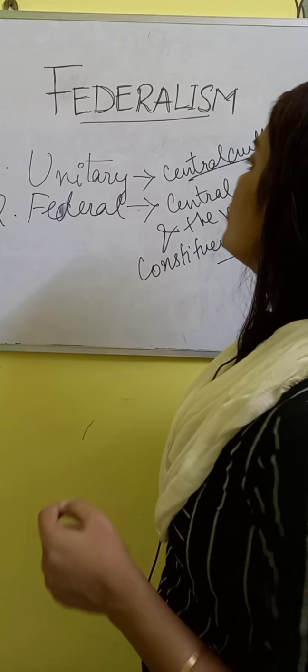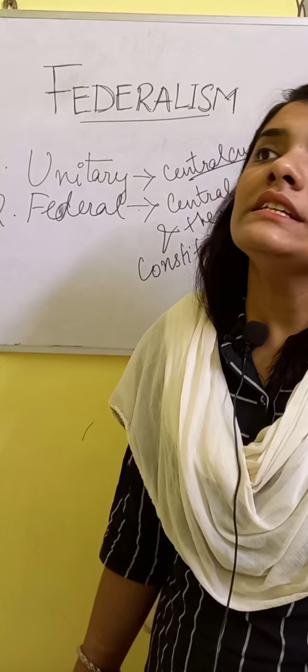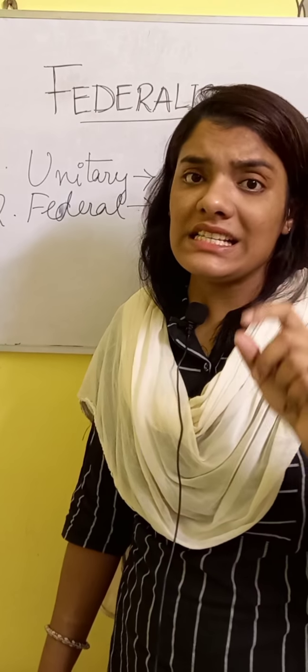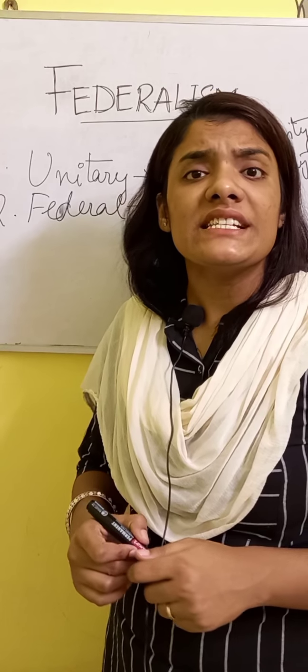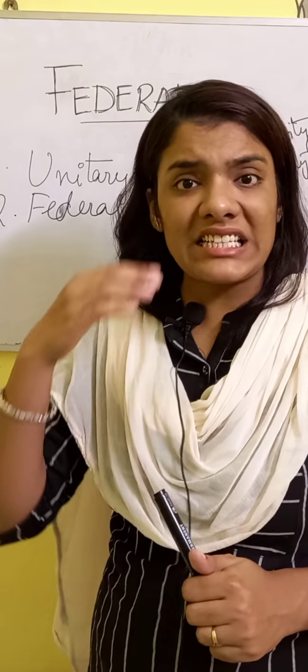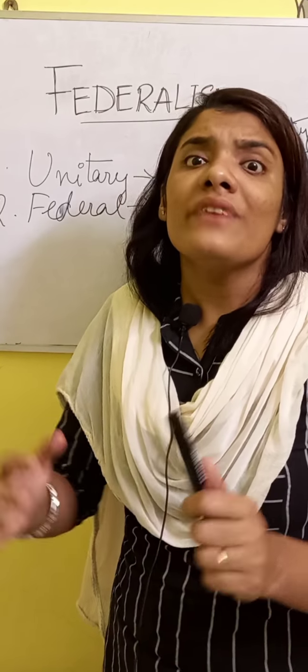So what do you mean by central authority and the various constituent units? Central authority means central government and the different constituent units means the different state governments. In easy language, when the power is divided among two levels of government, that is the central level and the state level, that is called federalism.